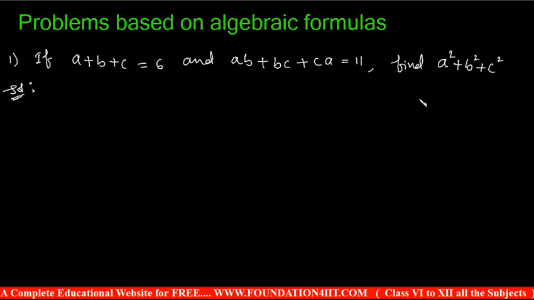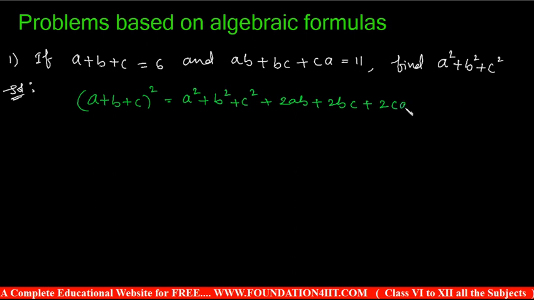Related to these three, we have one formula, that is (a plus b plus c) whole square is equal to a square plus b square plus c square plus 2ab plus 2bc plus 2ca. This we already learned previously.